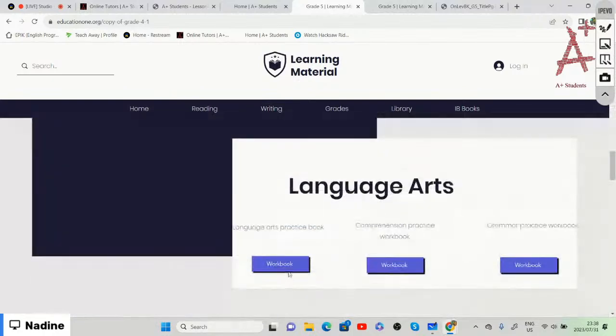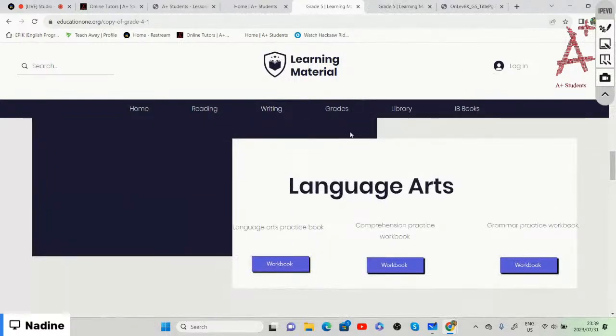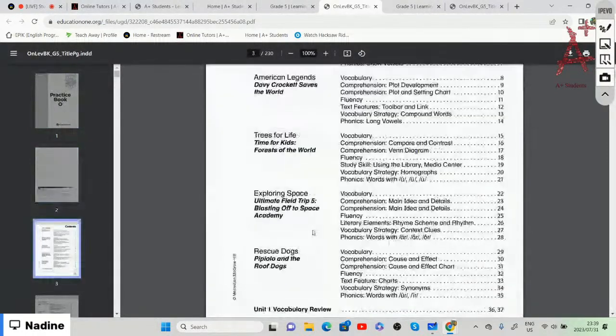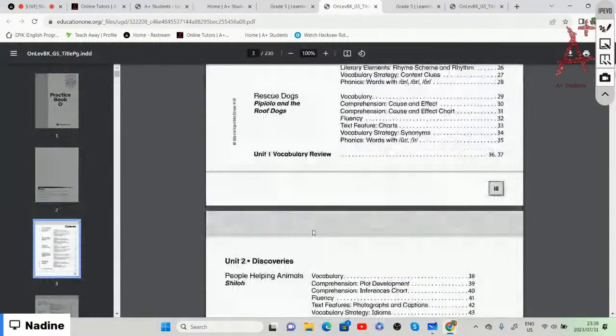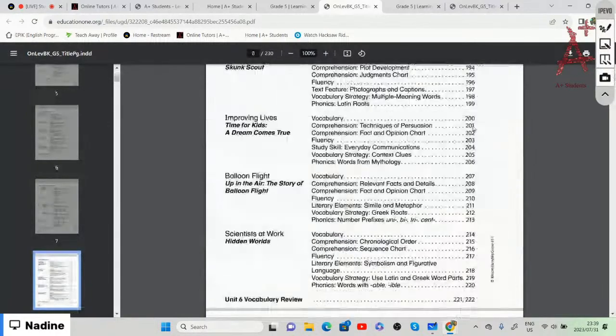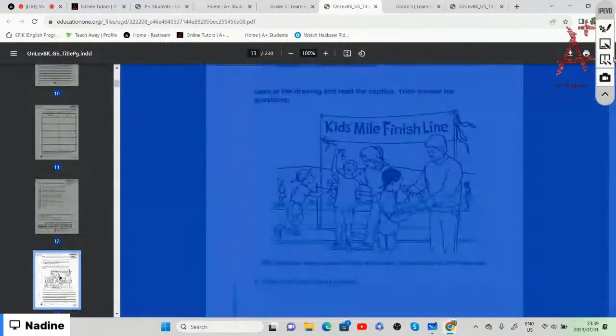We're going to click on language arts. Once we've clicked on language arts, we're going to language arts practice book. So here are 3 different workbooks. We're going to the first one, that is language arts practice book. Then we scroll down until we get to page 34, and page 34 has synonyms.